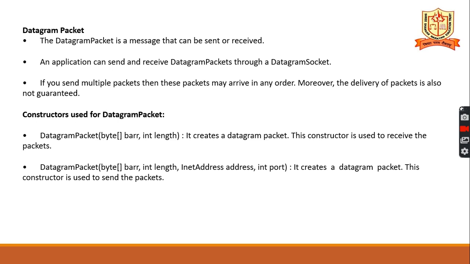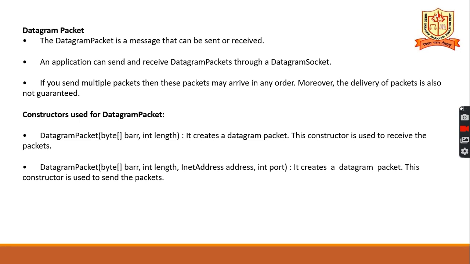The constructors in DatagramPacket: the first constructor has two arguments, an array of bytes and an integer length. It creates a datagram packet, and this constructor is used to receive the packets. The second constructor contains four arguments: an array of bytes, an integer length, an InetAddress, and an integer port.